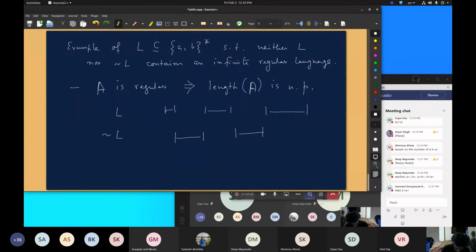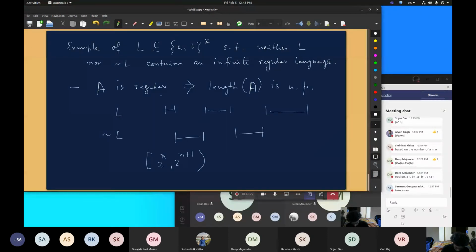Just work out how you can gradually widen this gap. It's simple actually. Take 2 power n plus 1, this kind of thing. Maybe you include this, exclude this, and alternately take this here, this here, this here. So this is a gap, this is a gap, and that gap will keep on increasing. Here also in not L, this is a gap, and the gap will keep on increasing.